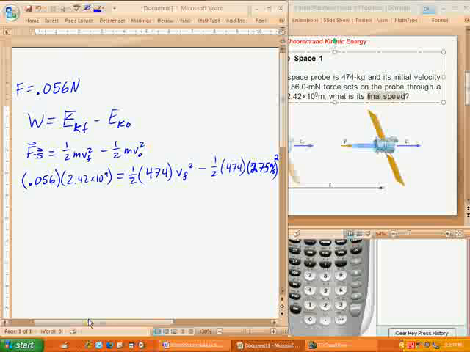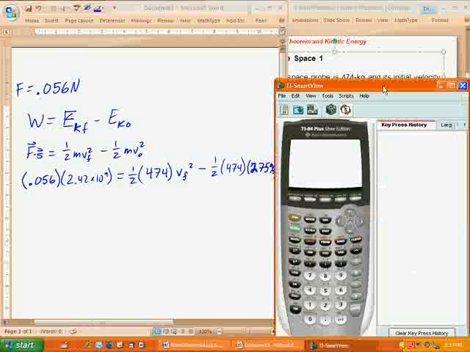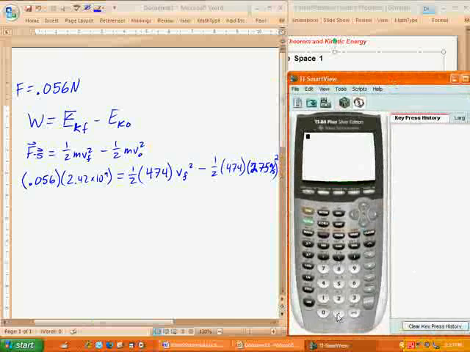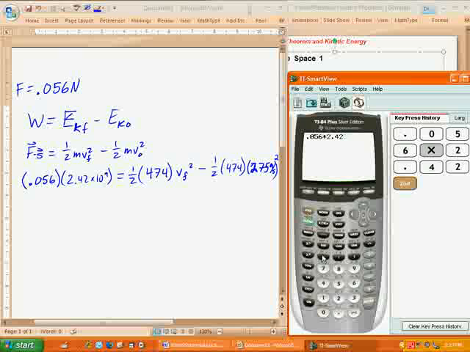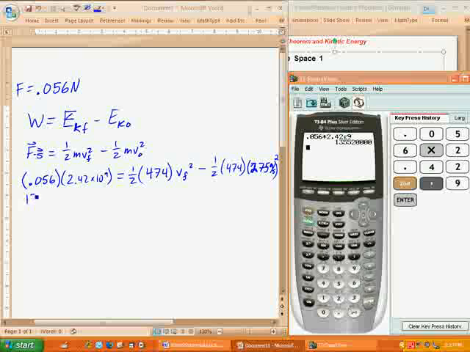Because it's velocity squared. So from this point, we should be able to go through and get some of these numbers, right? 0.056 times 2.42. Now if you do second and then this little EE here, that'll give you the E, or times 10 to the 9th. Okay, so that'll give us our first number, 135520000. Okay, so that's quite a bit.